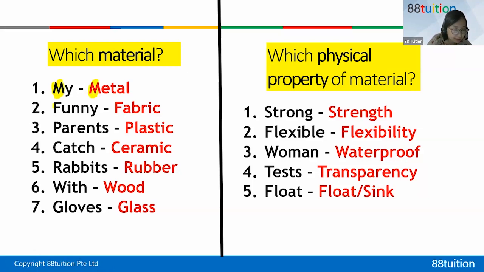M stands for metal, F stands for fabric, P stands for plastic, C stands for ceramic. If you break ceramic onto the floor, it will break into pieces. We have a ceramic cup, we have a ceramic bowl. If you drop them onto the ground, they will break into pieces. R is rubber, W is wood, G is glass.